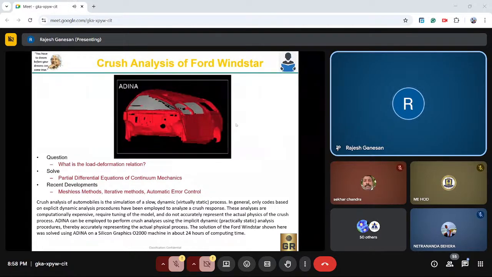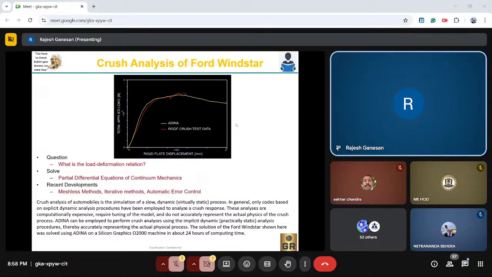Here you can see the animation we are showing, and the result you can see like this. What displacement happened, and based on the total load how much is acting.